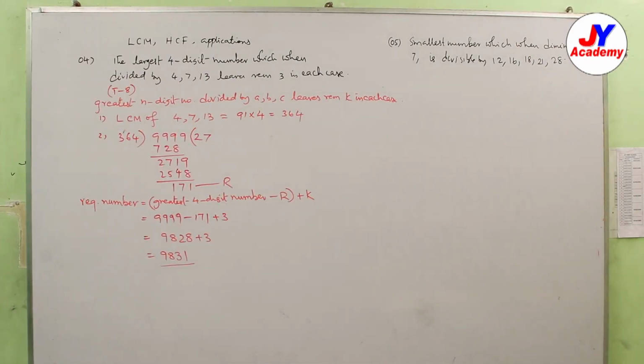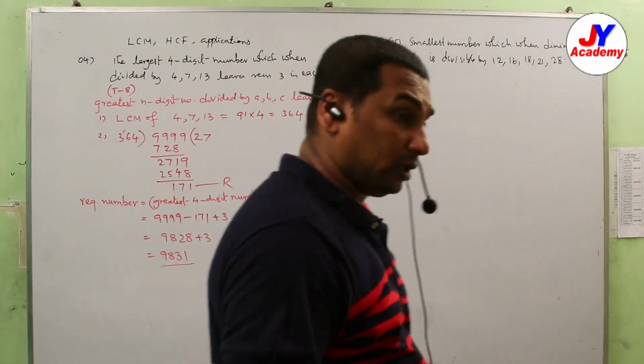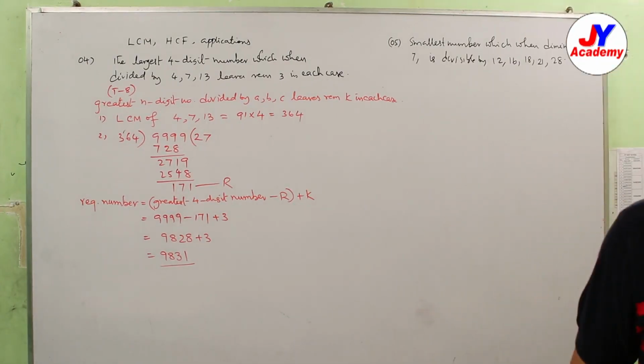So that is the question. Smallest number which, diminished by 7, is divisible by these. Diminished by 7 means decreased by 7.